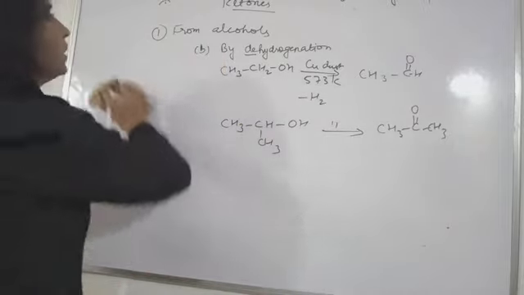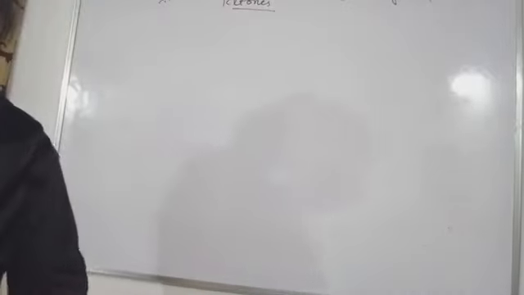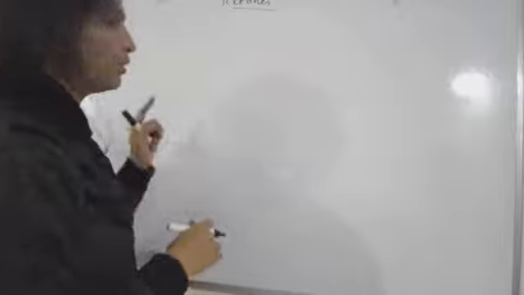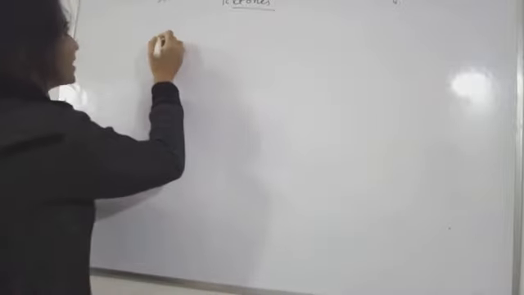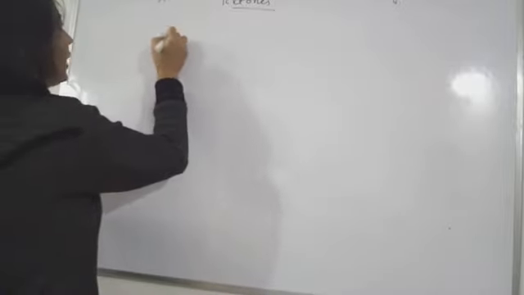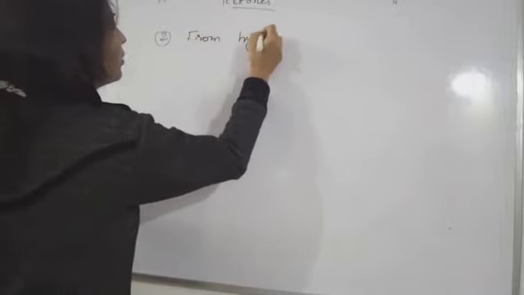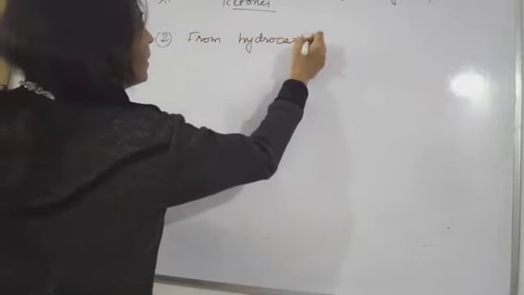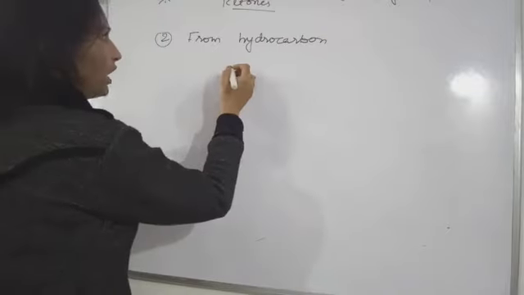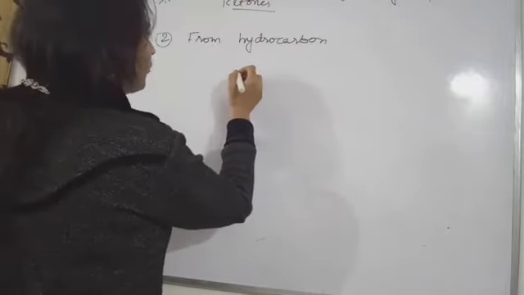Now next, from hydrocarbons. Actually my battery is running out, that is why I am telling you very hurriedly. The second part is from hydrocarbons, and this will be from alkene.